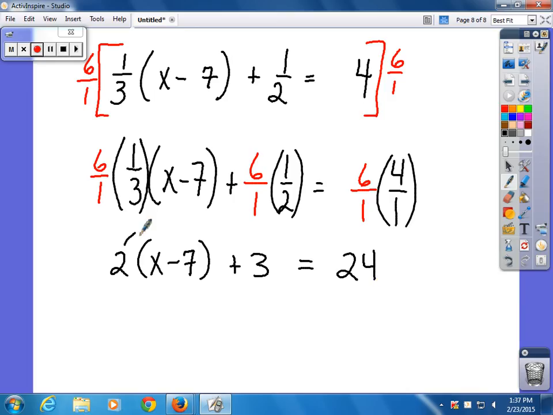So what does that 2 become? The hammer? And then you get 2x what? Good. And what's negative 14 plus 3?